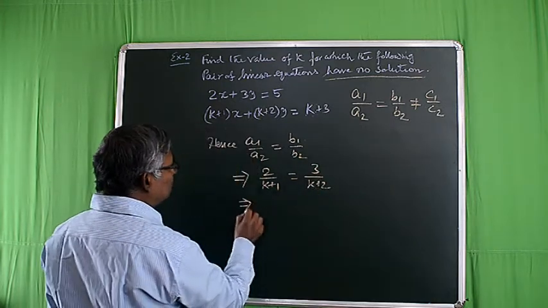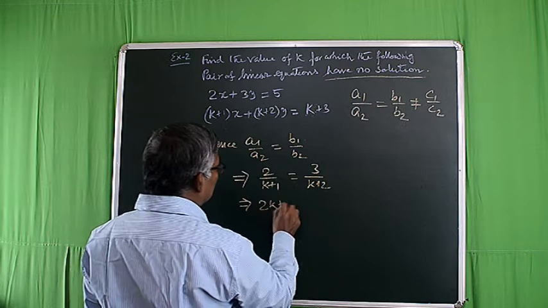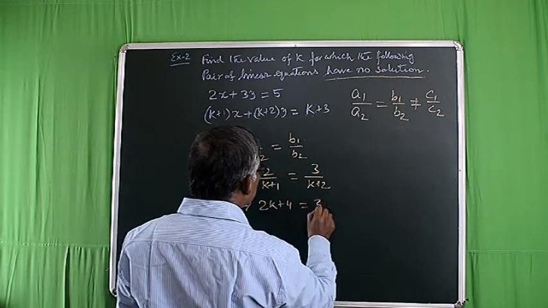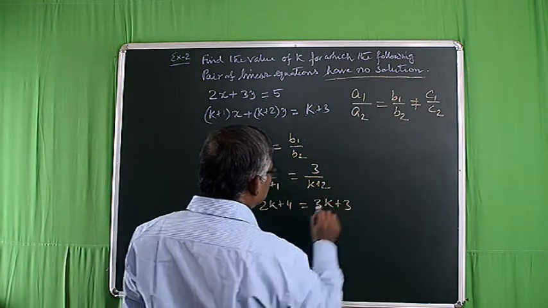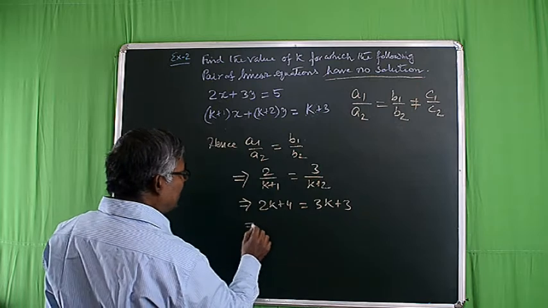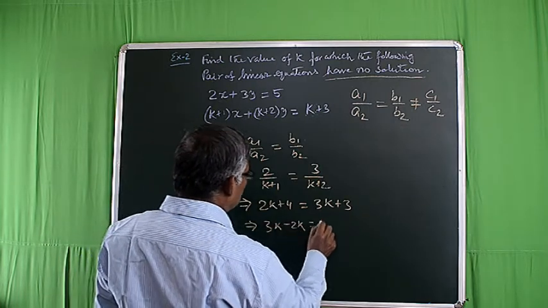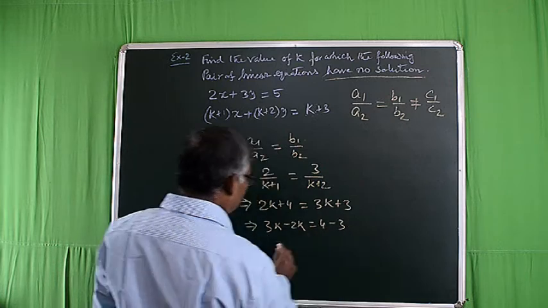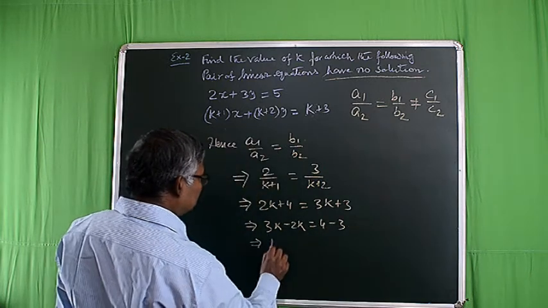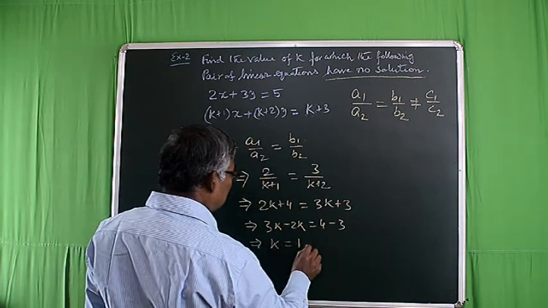This implies that 2k plus 4 equal to 3k plus 3. This implies that 3k minus 2k equal to 4 minus 3. This implies that k equal to 1.